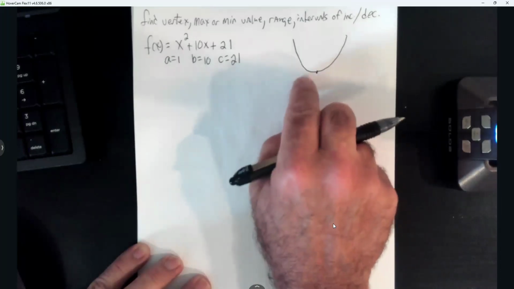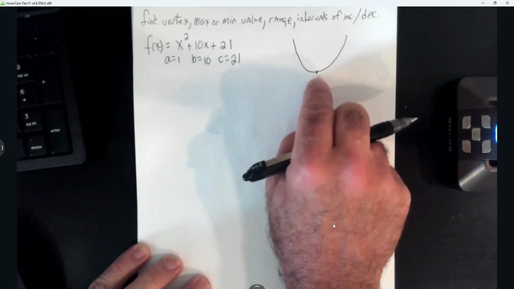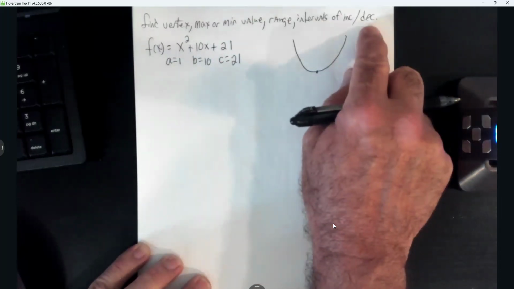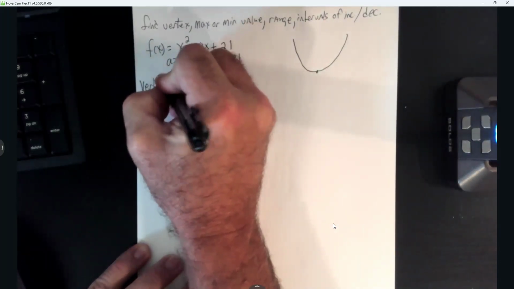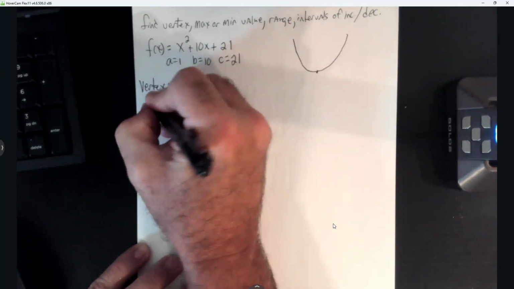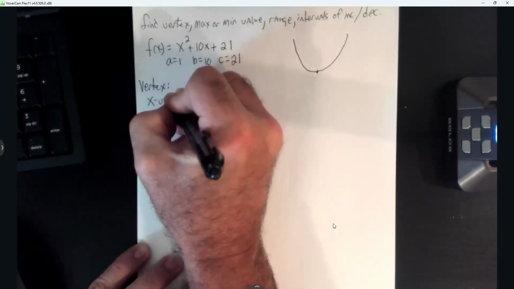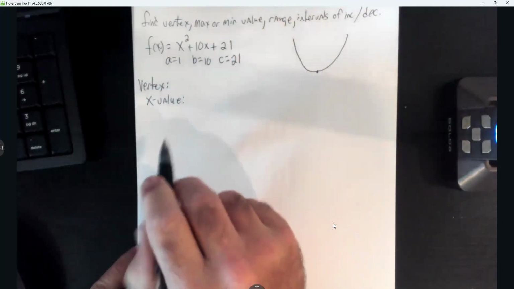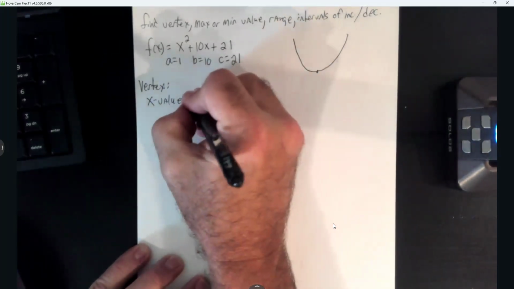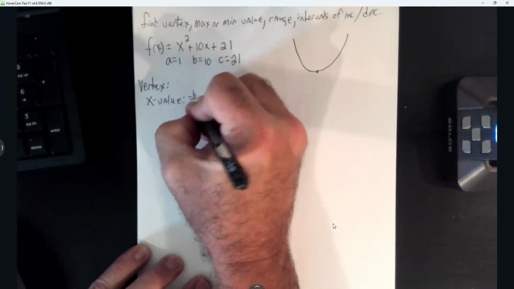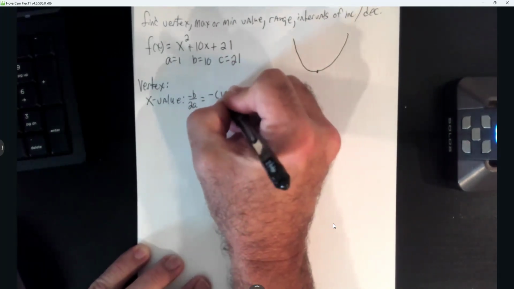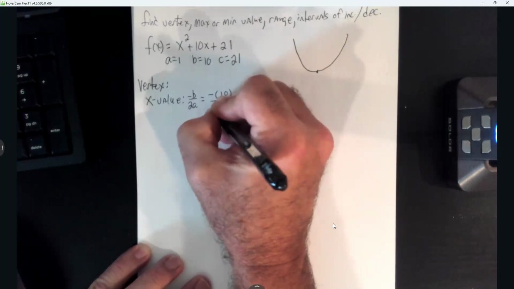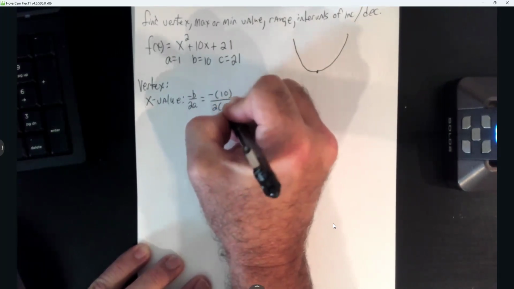All right, so let's find this vertex, because once I find the vertex, I can answer all these questions. So y'all, on the vertex, we're going to start with the x value first. That is negative b over 2a. So that's going to be a negative times b, which is 10, over 2 times a, which is 1.